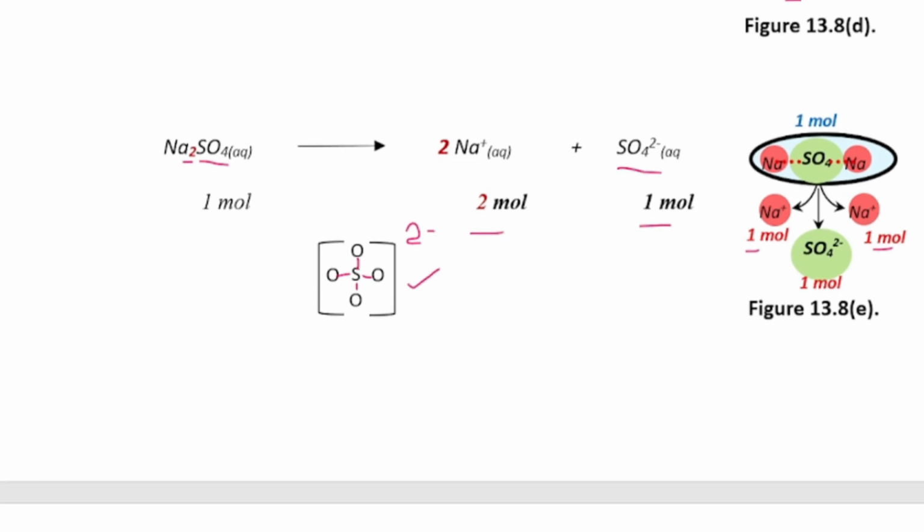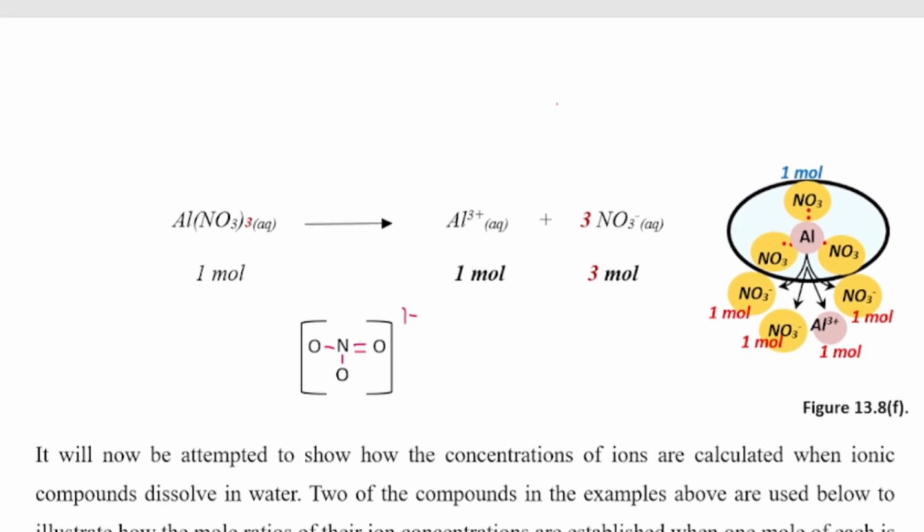I'll give you another example here with another radical. Here you have aluminum nitrate dissociating in the water. But now look what happens. You have 3 moles of nitrate ions. So you have 1 mole of aluminum ions, but with 3 moles of nitrate ions. And again, nitrate ions move as a block.